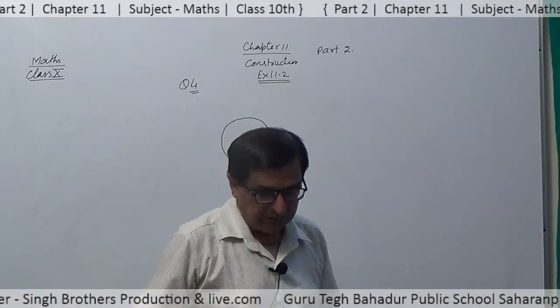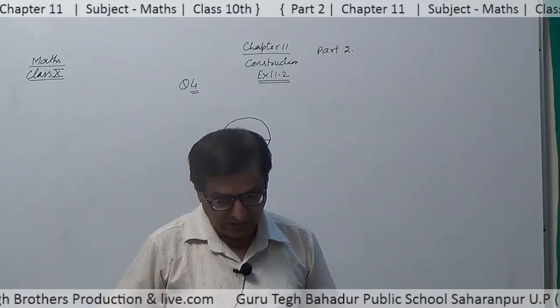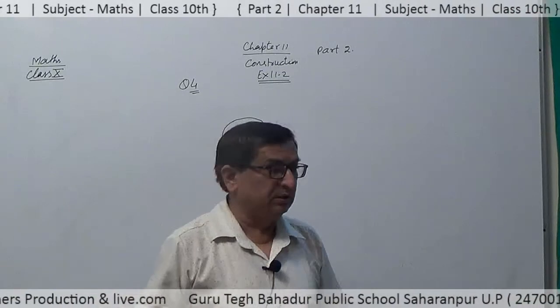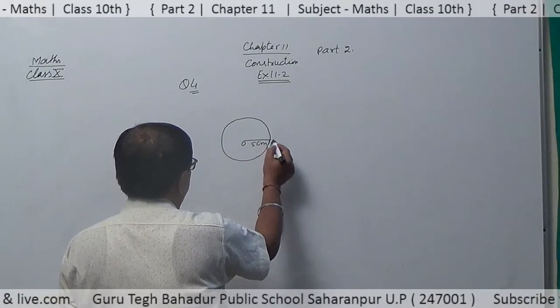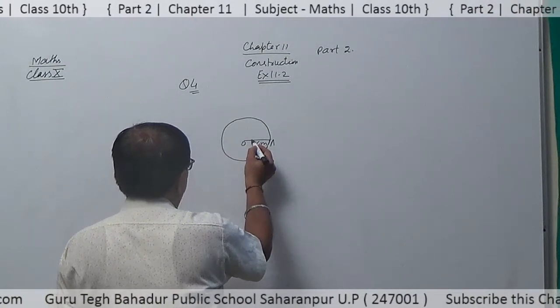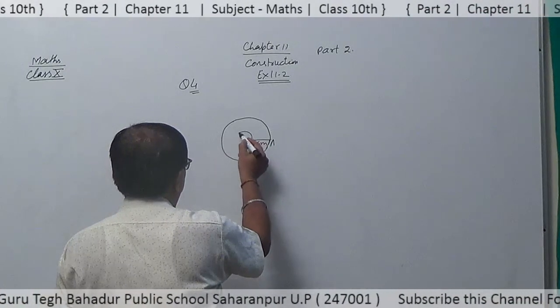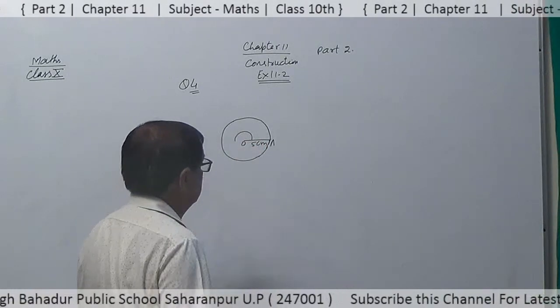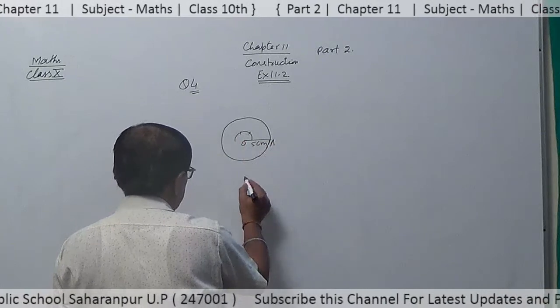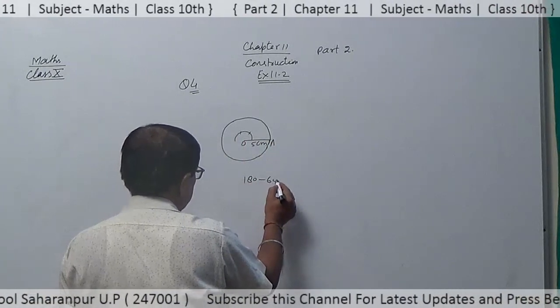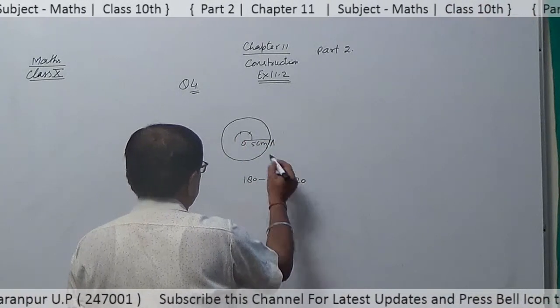The tangents are inclined at an angle of 60 degrees. So, we will take the angle 180 minus 60, that is 120 degrees.